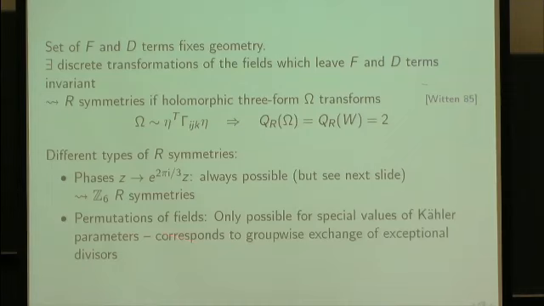And then there's something interesting, because you see that the D terms are non-homogeneous on the right-hand side. They have basically Kähler parameters, which are the FI terms of these U1 symmetries. For certain values, there are symmetries which correspond to permutations of these fields. You actually exchange sets of coordinates, and this gives rise to special types of R symmetries.